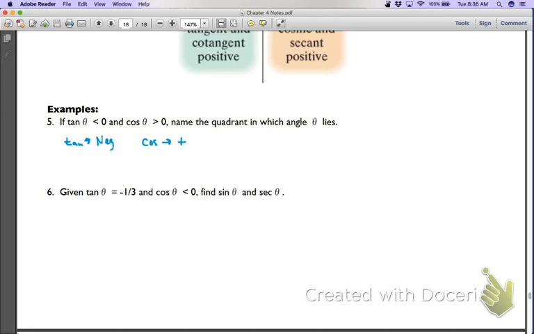Where's the only place? It's one of two places, right? The big thing is look to see where is everything positive. So it's either going to be in 1 or 4, but the problem is this one's negative, so it's going to be in quadrant 4.